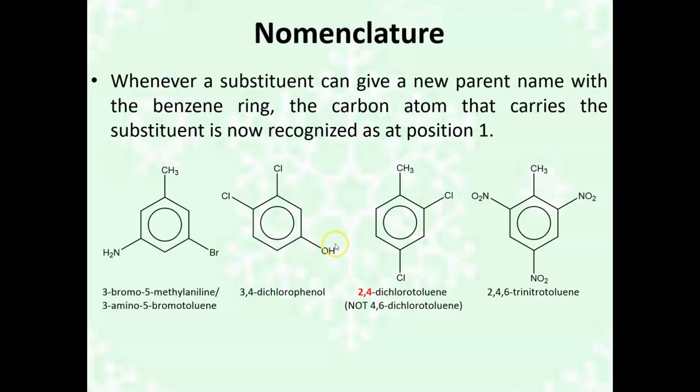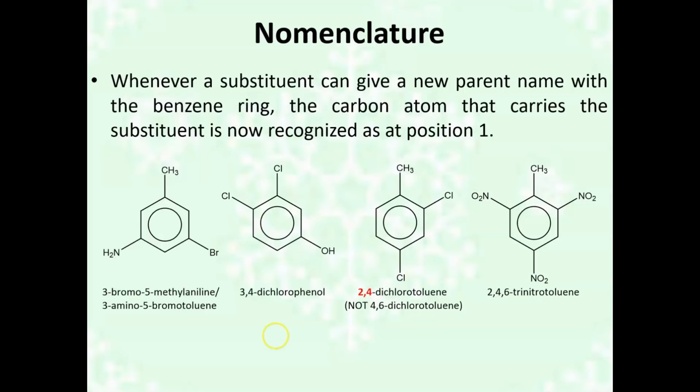So the OH here is at position 1, and the 2 chlorine are the substituents, and you will get either 3,4 or 4,5 for the positions of these 2 chlorine. The correct one is 3,4-dichlorophenol, because they must be at the lowest possible position.